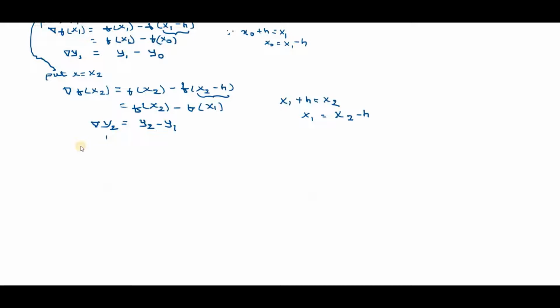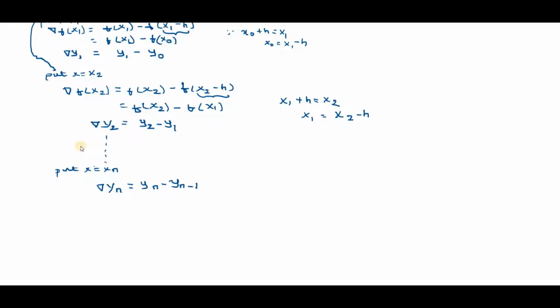Continuing in the same way, if you put x is equal to xn, what you will get, I will write directly, del yn is equal to yn minus yn minus 1.